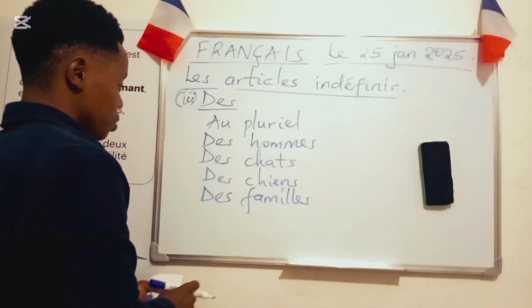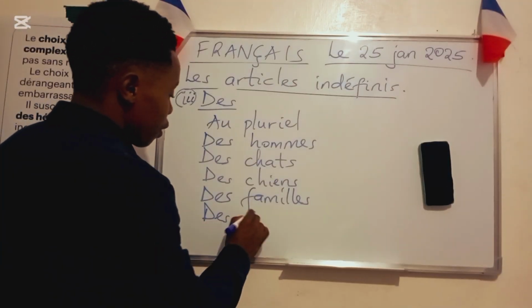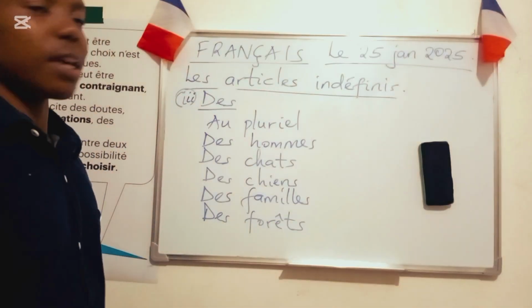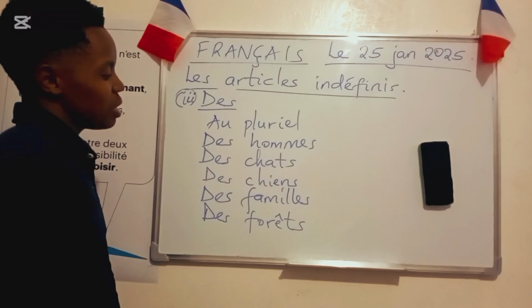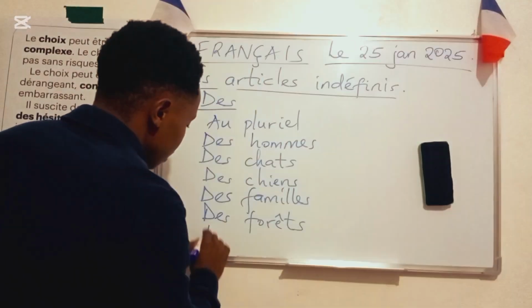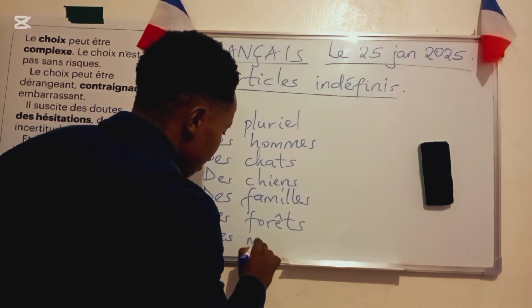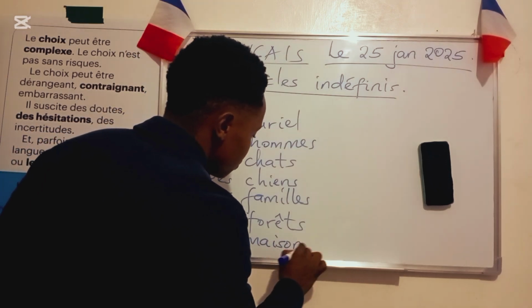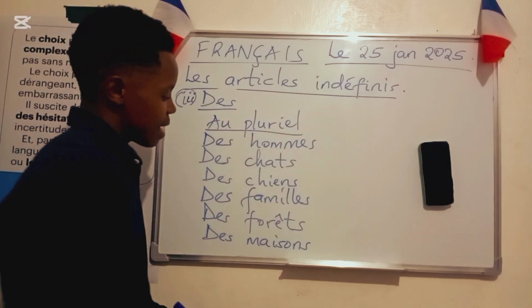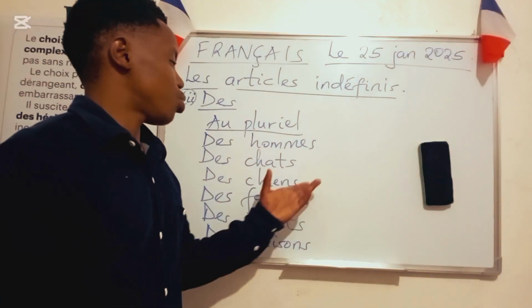Okay. I would also say des forêts, des forêts. As you can see, it does not matter. This is feminine, this is feminine, but it's still using des maisons. These are just nouns that are always ending with an s to show plural.